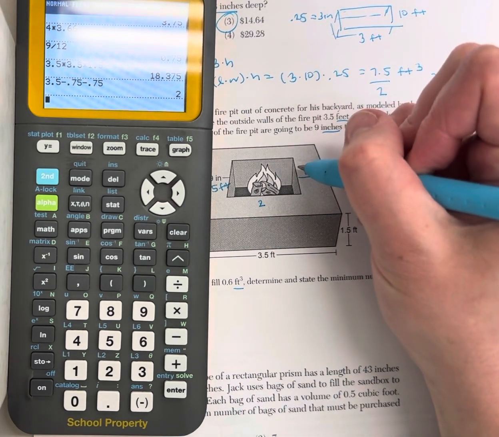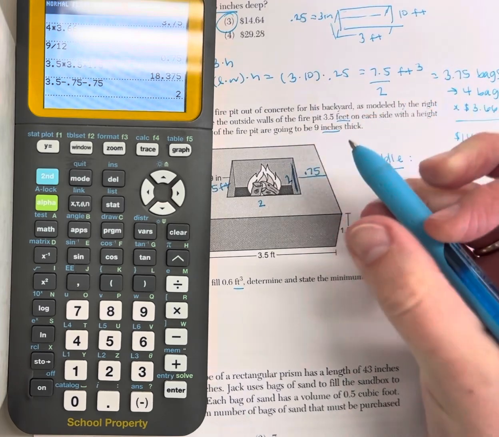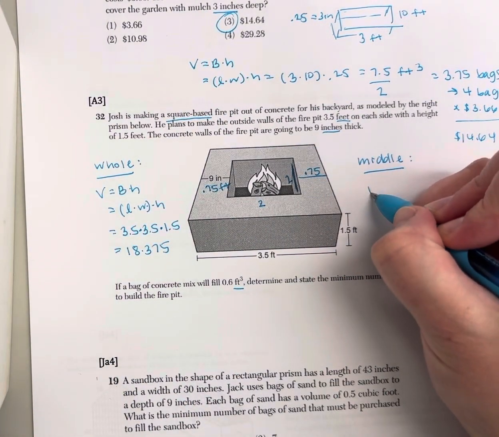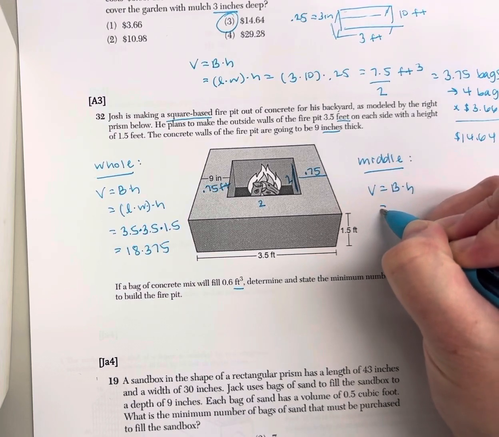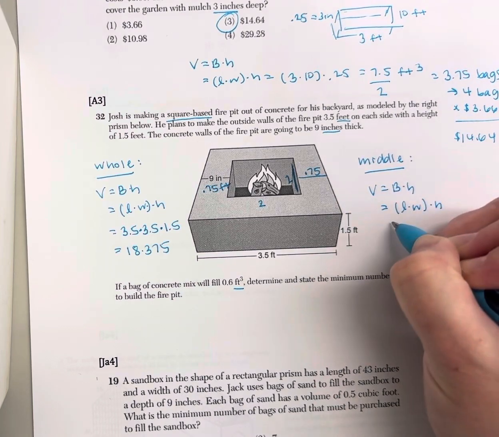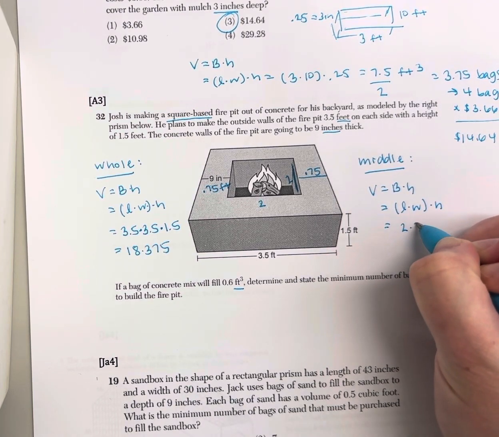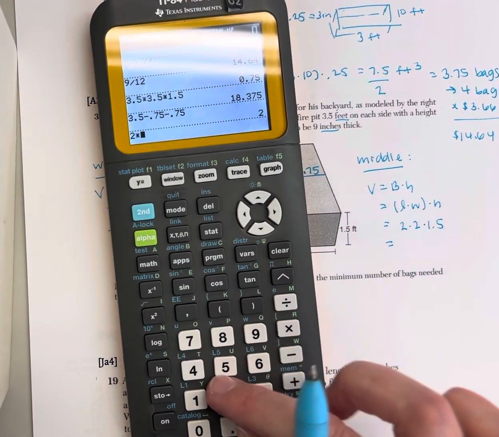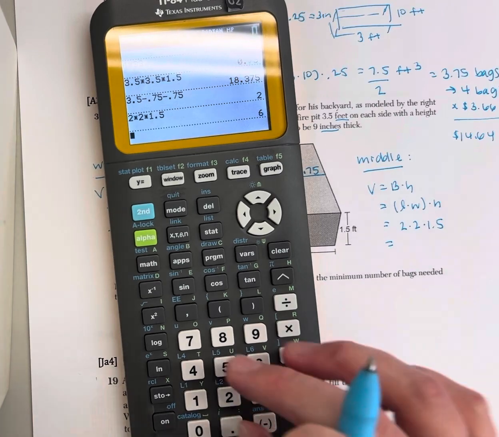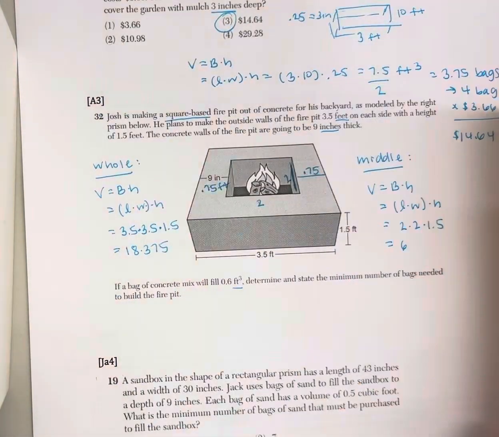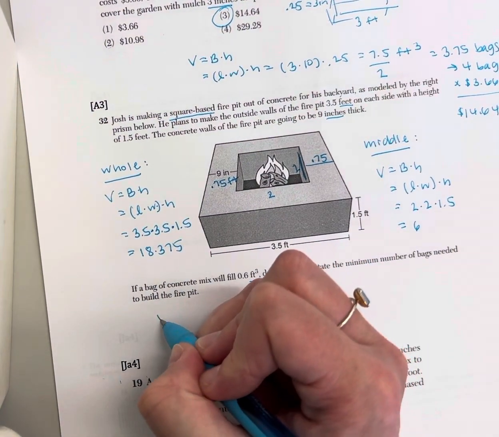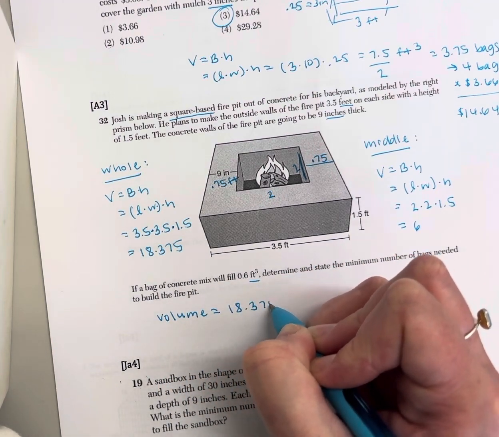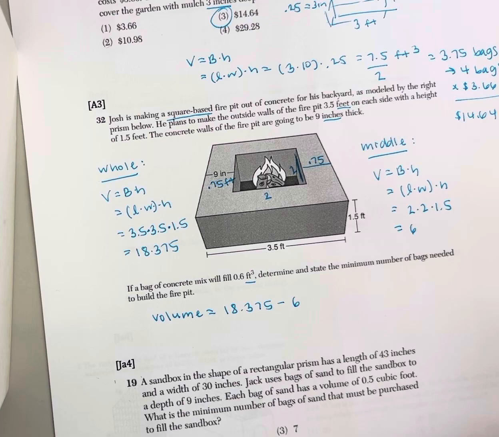So we've got a 2 by 2 box right here, and the height is still 1.5. So volume is capital B times H, which is length times width times height. The length is 2, the width is 2, the height is 1.5. That is 6. So the volume is actually 18.375 minus 6.